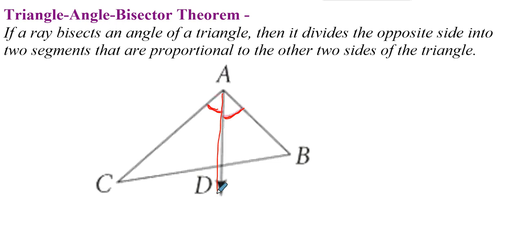It divides the opposite side, so CD and DB are proportional to CA. You might set this up as CA over CD equals AB over BD.